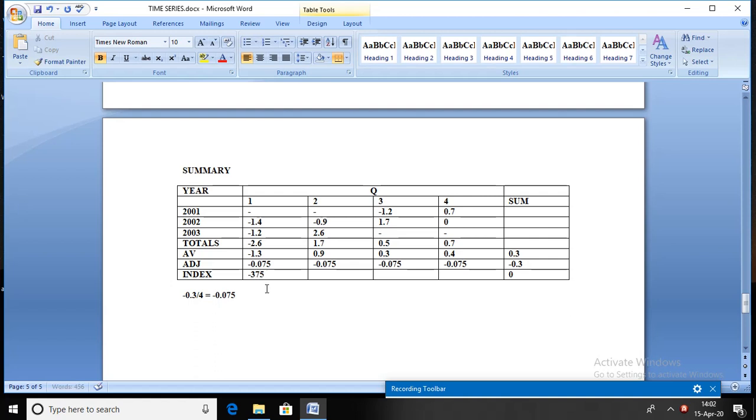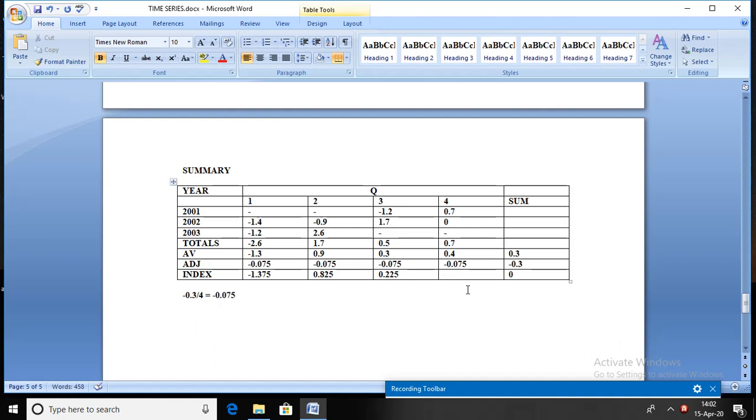Then 0.9 minus 0.075, you should get 0.825. 0.3 minus 0.075, you should get 0.225.